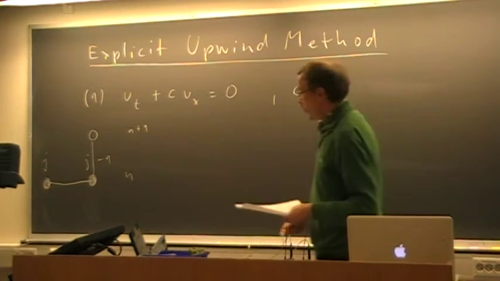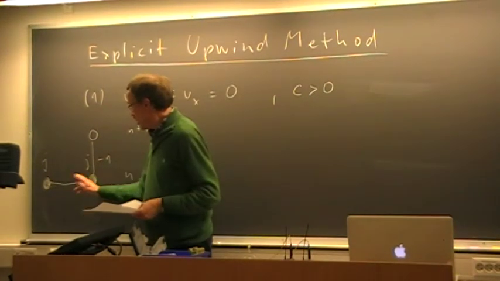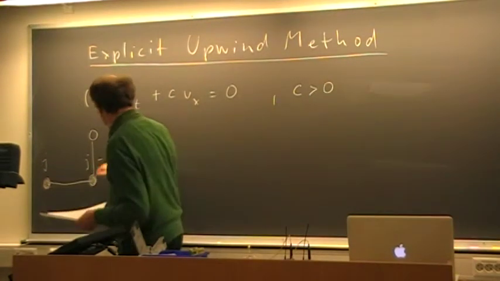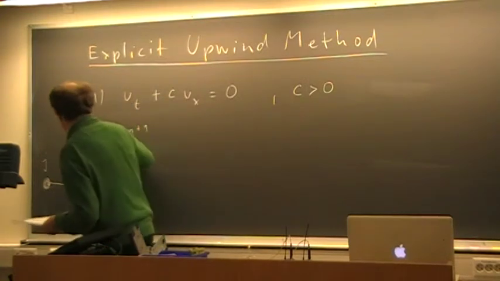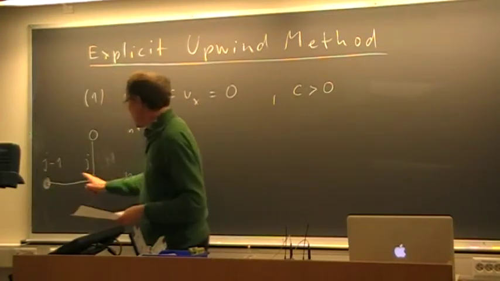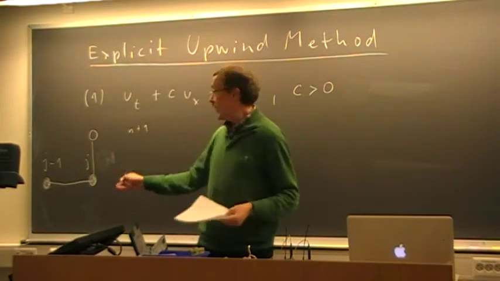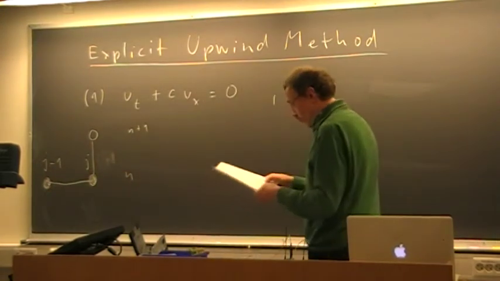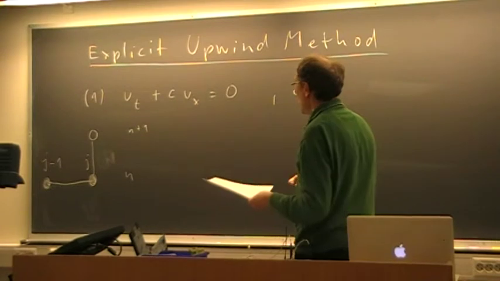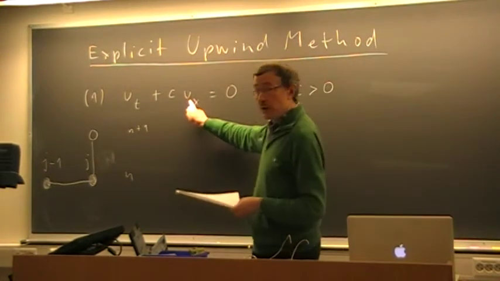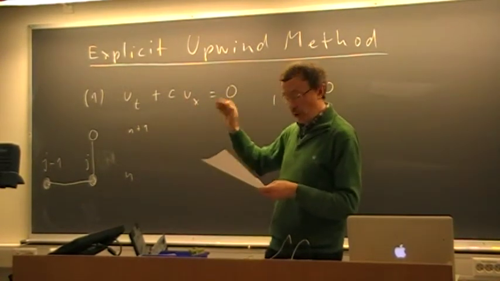So from the known values at time level n, at j and j minus 1, we compute the value at the new time level, and we do that by taking an upwind difference, from where the wind is blowing.